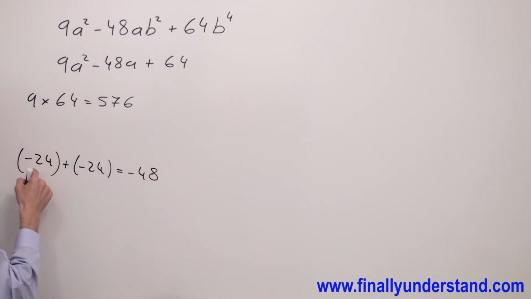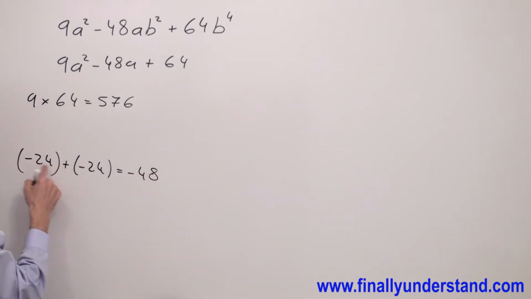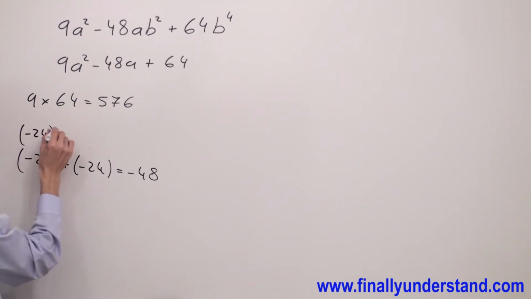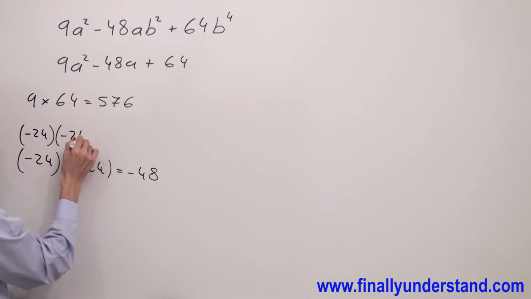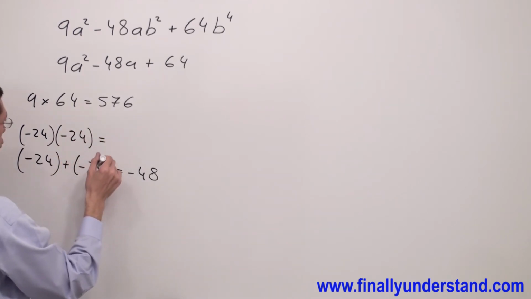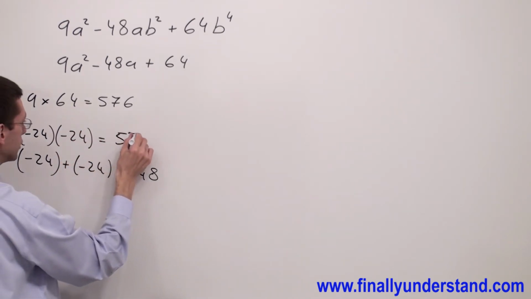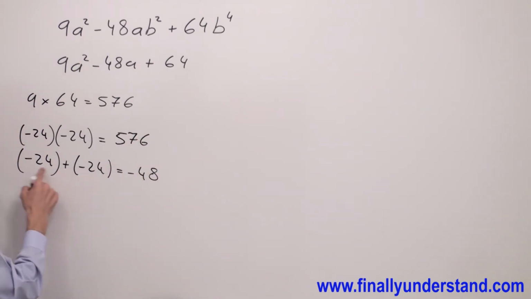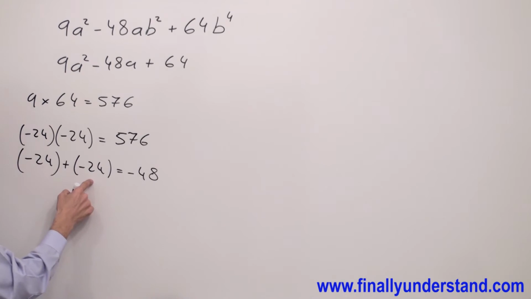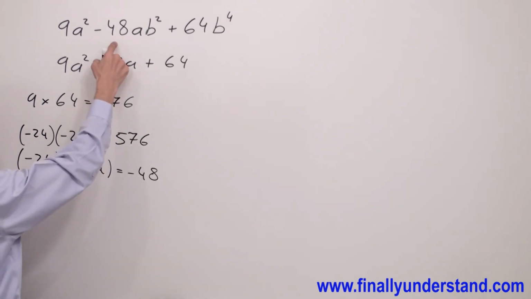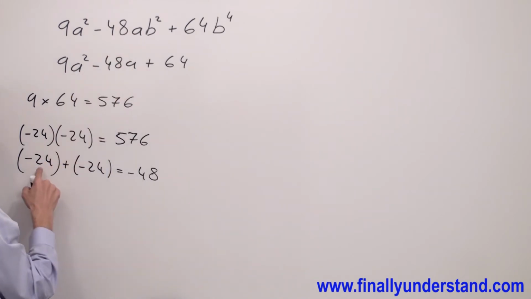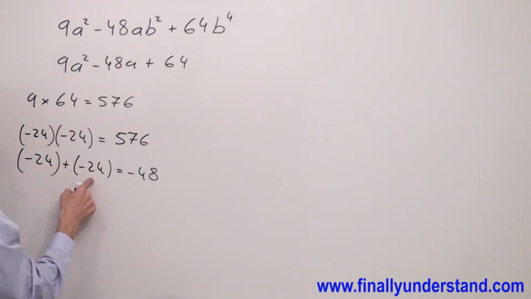Let's check what we are going to get from the product of these two numbers. Negative 24 times negative 24 is going to give me 576. So these are the numbers which I'm looking for. Next, I'm supposed to rewrite this expression, but instead of negative 48, I'm supposed to write negative 24s.